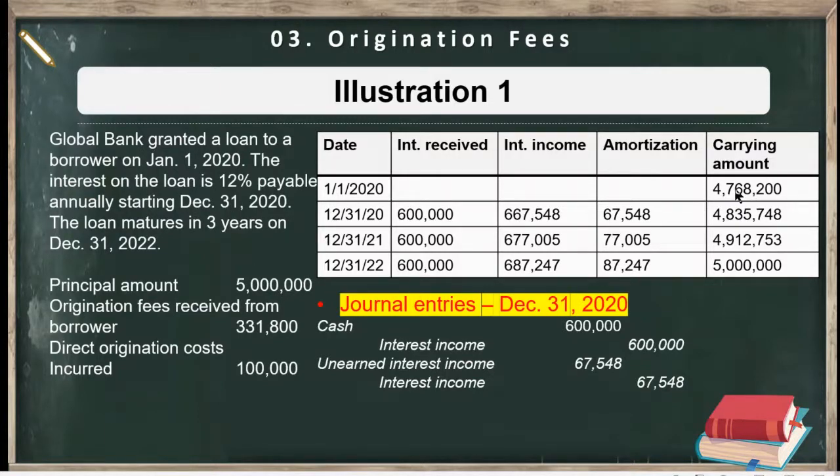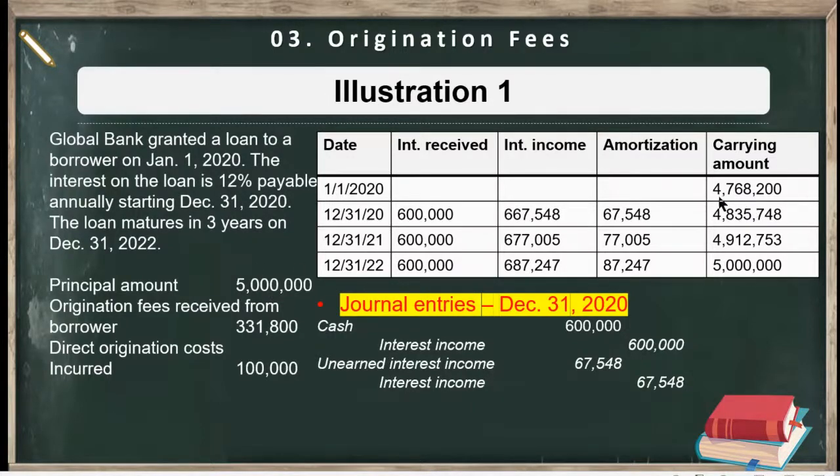Unsa may buhaton para magparihas sila from 4,768,200 mahimo siyang 5 million? So kinahanglan siyang dugangan. So therefore, ang amortization should be added to the carrying amount, so that we will reach 5 million na principal.